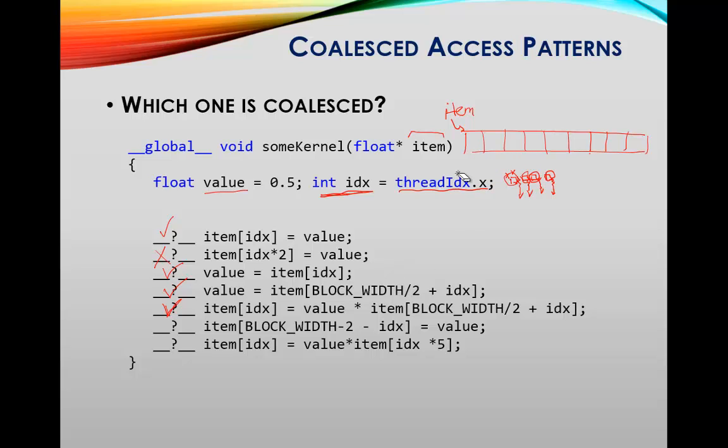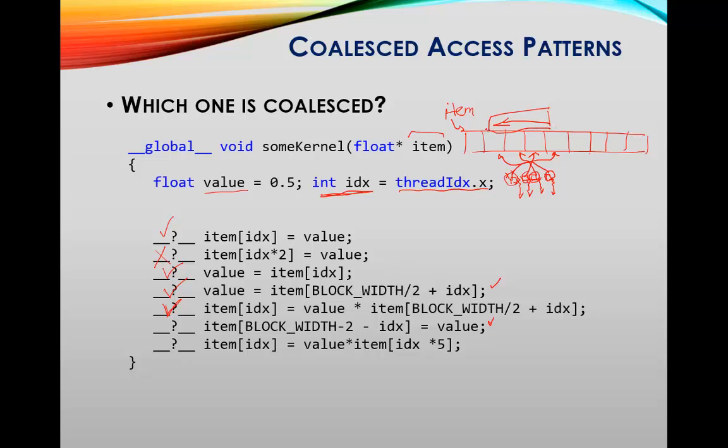The final or the next operation is basically the same as this operation up here. It's basically the write. You read the value of your current index and then you store it into a memory location. So the idea is that here I'm going to write this content here, write this content there, write this content there, and write this content there. See, now I still have coalesced memory access.